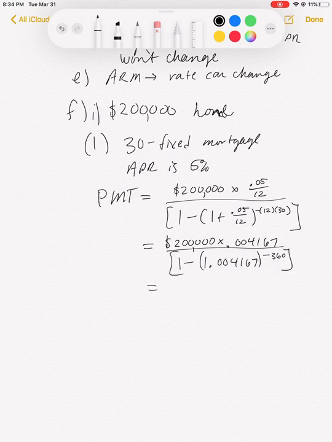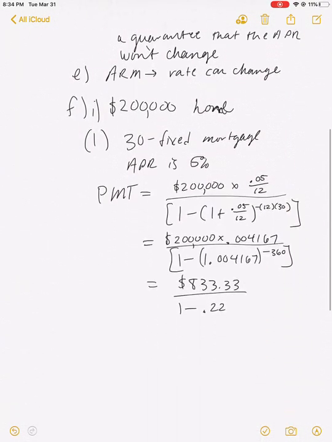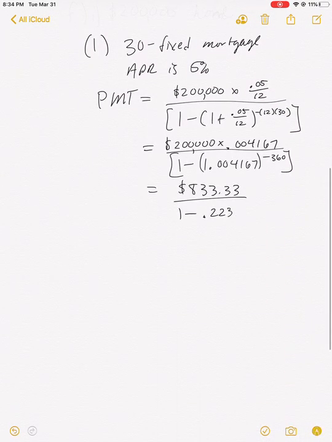Simplifying my numerator, I get 833.33 divided by 1 subtract 1.004167 to the negative 360, which is about 1.2238. Okay, and so that's going to be approximately equal to $1,073.64 per month.